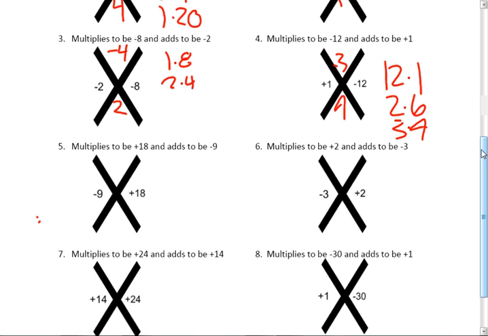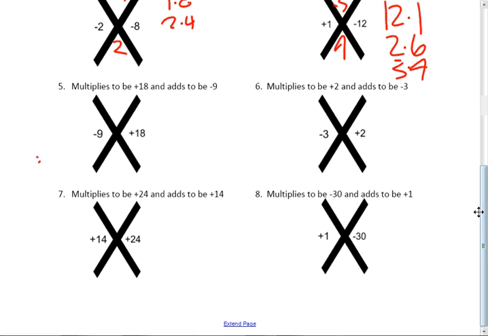Good. Try number 5. There's only 8. Okay. Gabby, 18 times 1, 9 times 2. Good. One more. 3 times. Okay. Now it's positive, so I'm going to add to get 9.